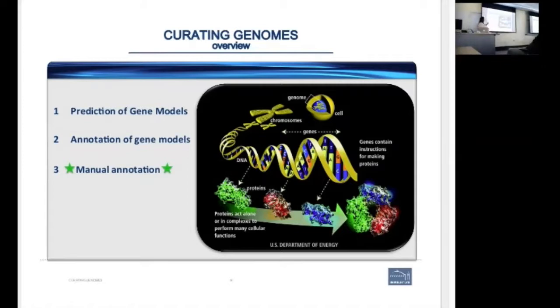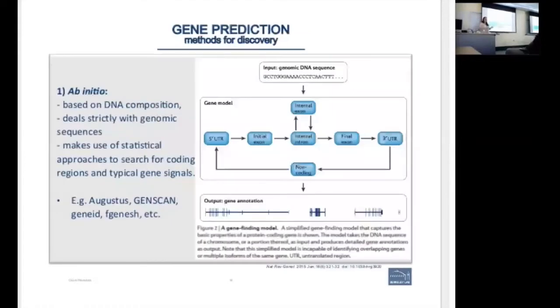So this is just another pass of how it is that we curate genes. We predicted the gene model, we've done the annotation, so the putative assignments of function to those predicted models, and now we go in to actually inspect in depth. That process of automated annotation, as Morgan and Chris were saying earlier, is not perfect.